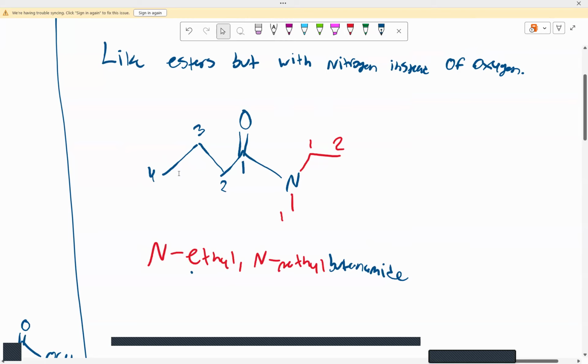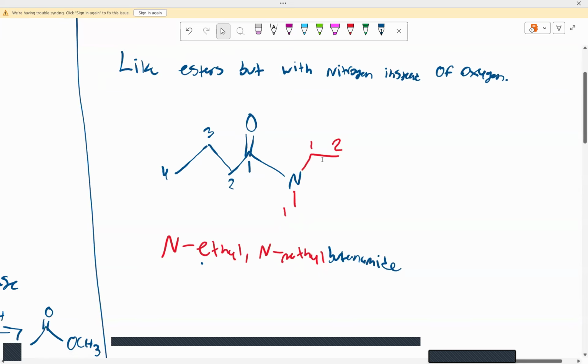So one, two, three, four, so that's butanamine. And then over here, we'll have our substituents. We have one carbon, so it's N-methyl, whereas one, two, so it's N-ethyl, and N-methyl butanamine.